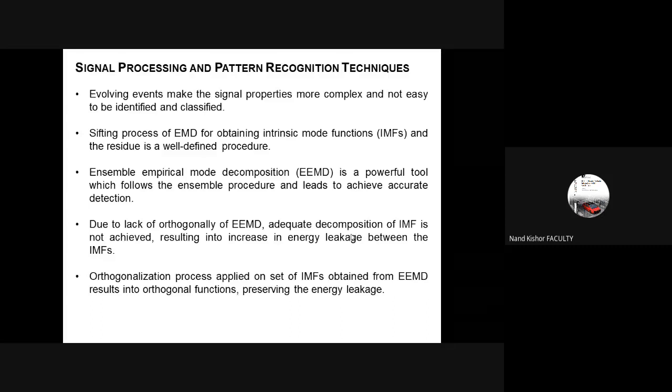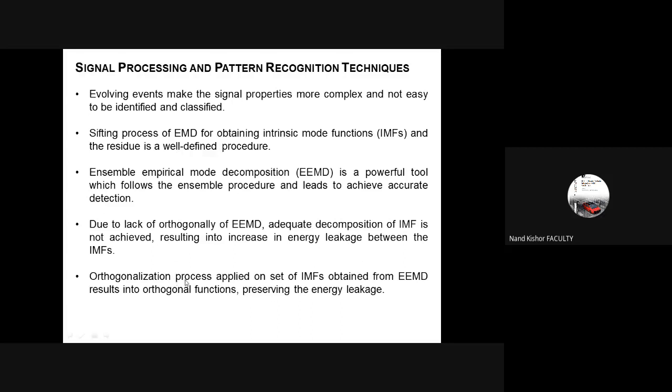This IMF should have a monotonic frequency component, and that could not be easily achieved using EMD. And again, we observe that there is energy leakage between the IMFs. So that means some information loss takes place in the decomposition of the signals here.